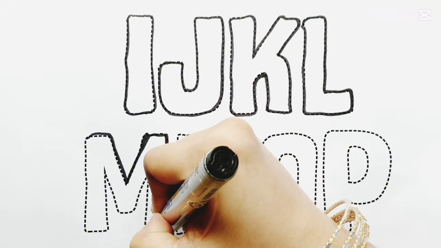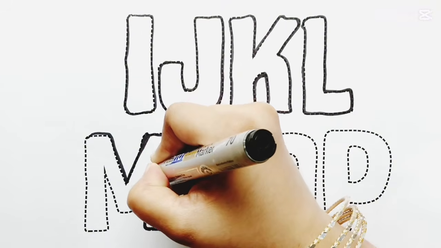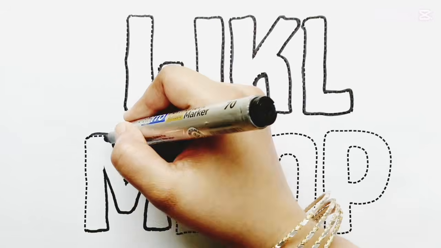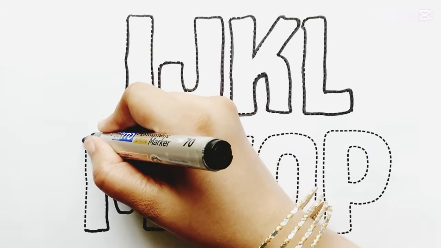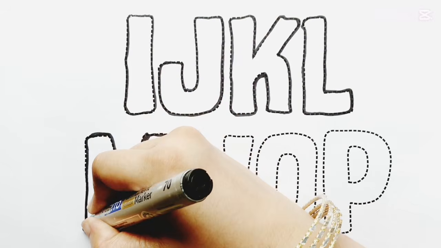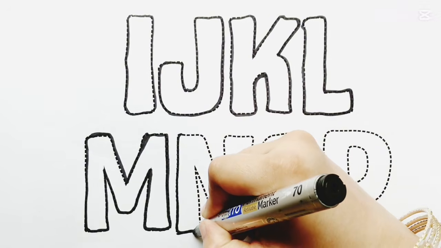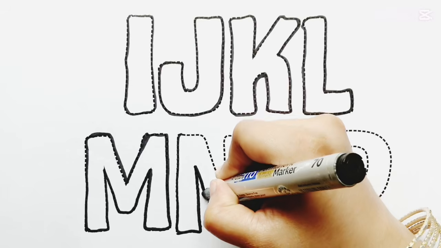1, 2, 3, let's go. A, B, C, count the rhythm and 1, 2, 3, we're singing all together. A, B, C, count the N, rhythm and 1, 2, 3, we're singing all together.